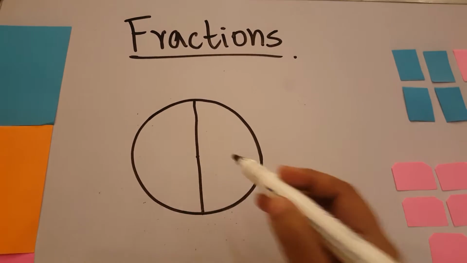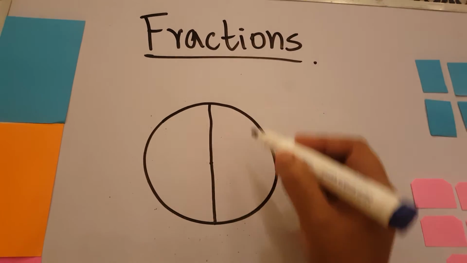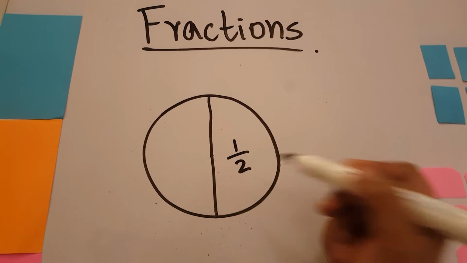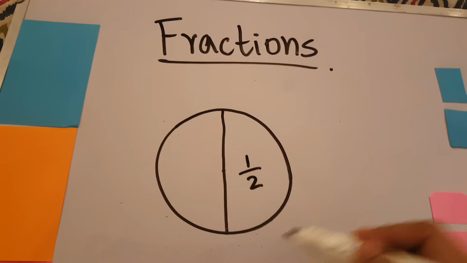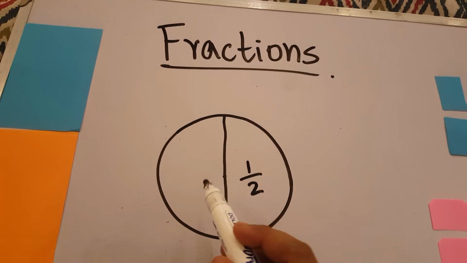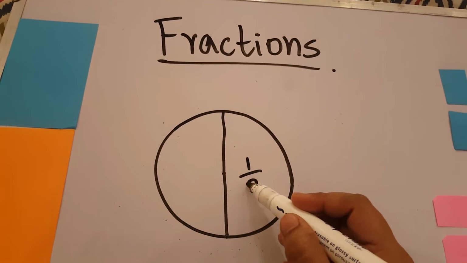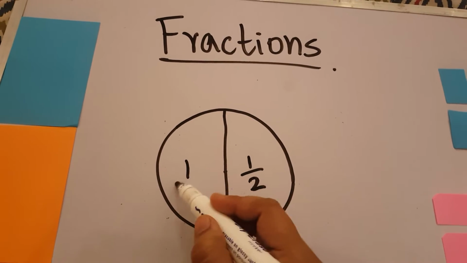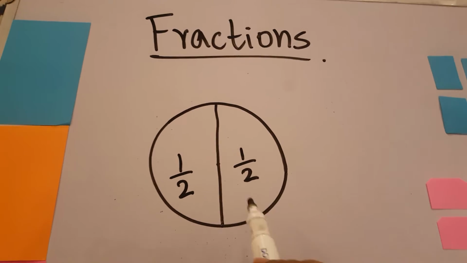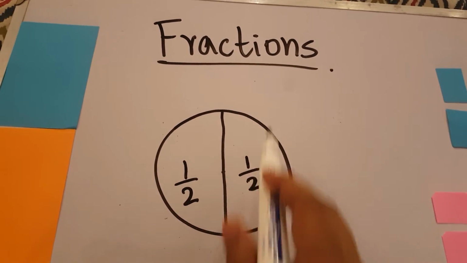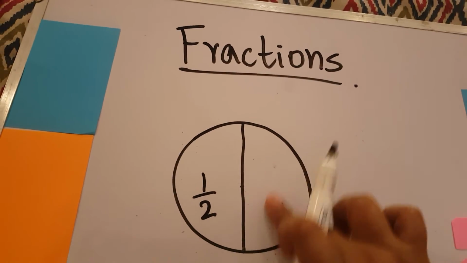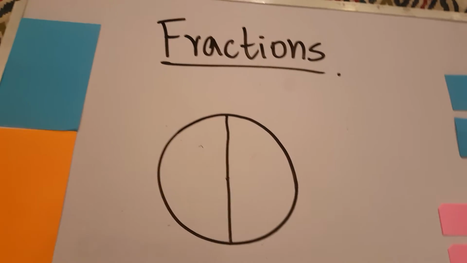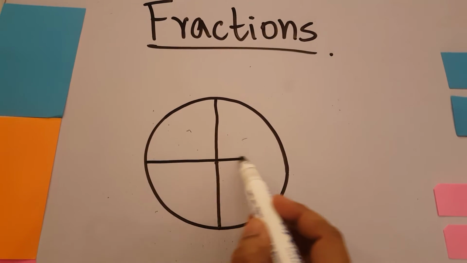So now each of these semicircles represents a half, which means this whole shape is now divided into two equal parts. That is why I have a 2 at the bottom of this portion. I can write 1 over 2 over here as well, because each of these are equal parts of this one whole shape.